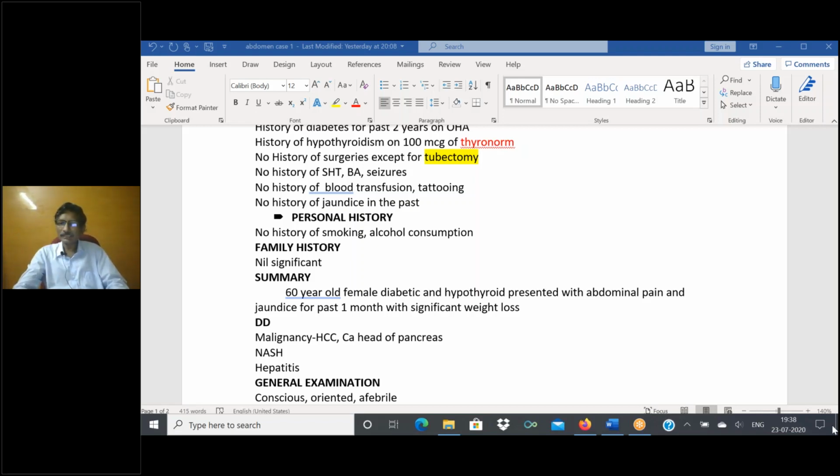See, can you tell one reason? Others can try it. Can you tell one reason why you should not put HCC or CA head of the pancreas as the first differential diagnosis? Why you should think twice or even thrice before putting HCC or CA head of the pancreas as the first diagnosis?